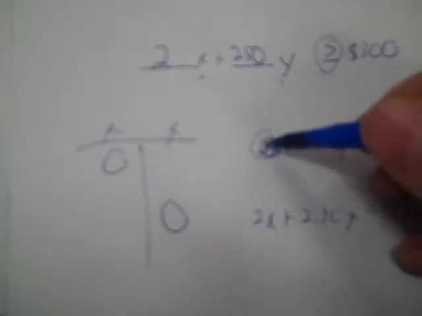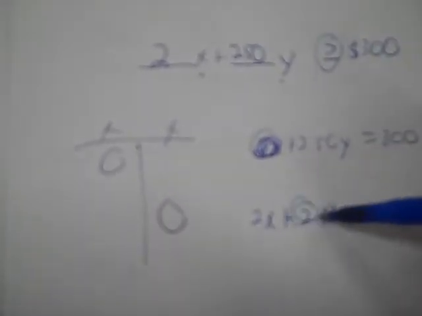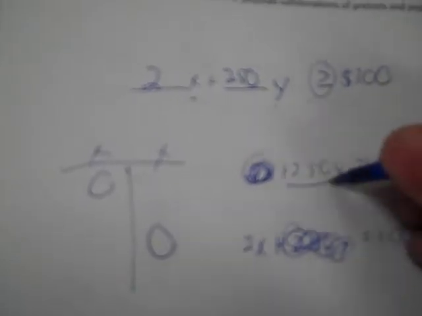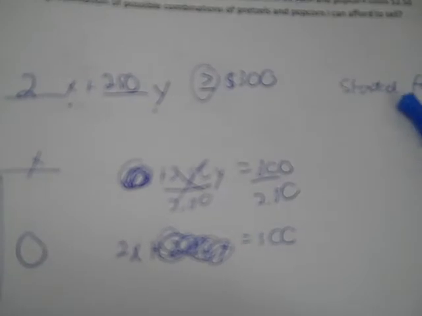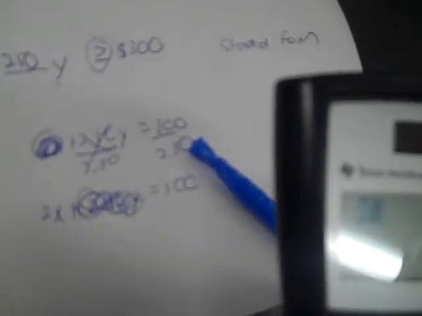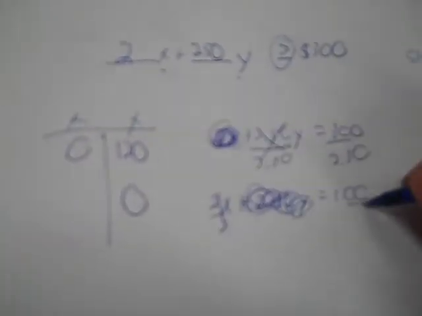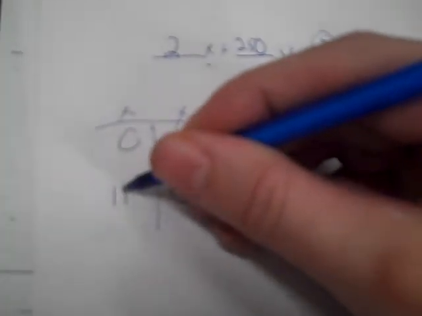So x goes bye-bye here, and y goes bye-bye here. Divide by 250. I will take 300 divided by 250, and I get 120. And then here we'll divide by 2, and that's going to be 150. I'm going to go by 20s here: 0, 20, 40, 60, 80, 100, 120.